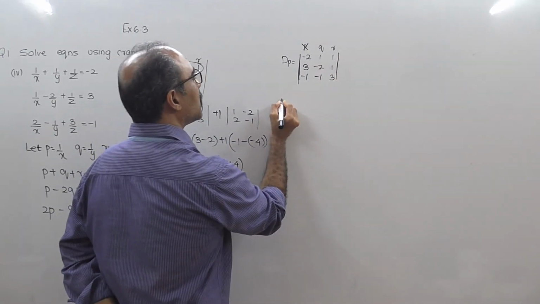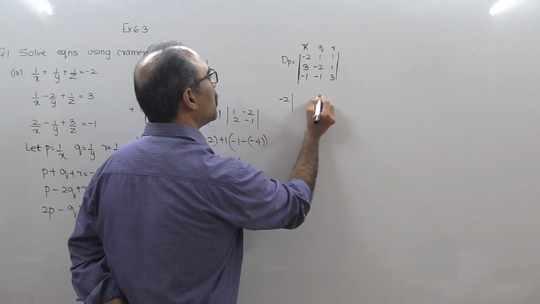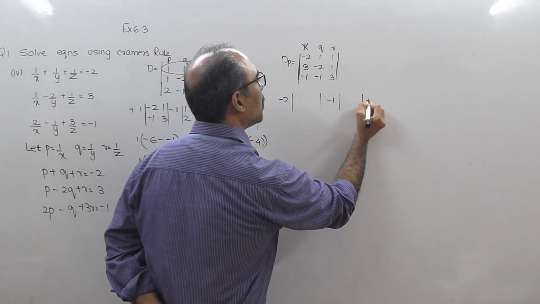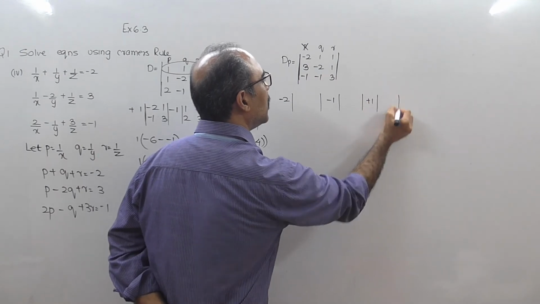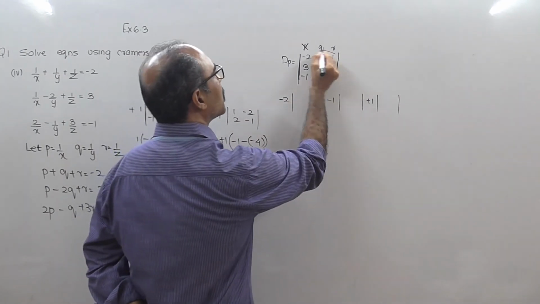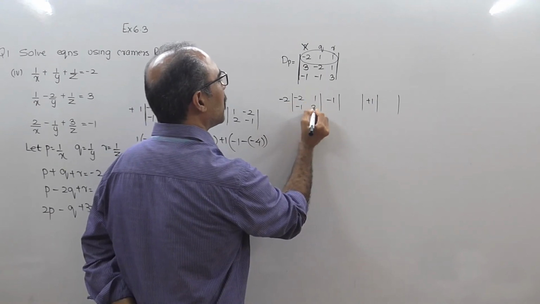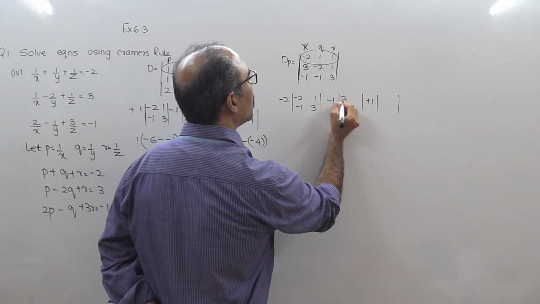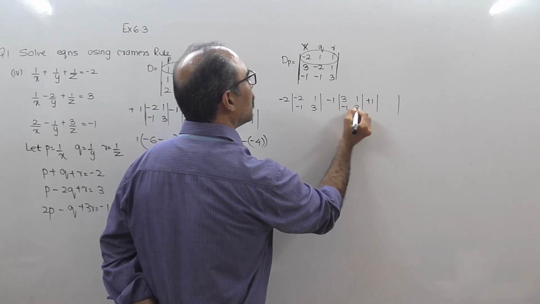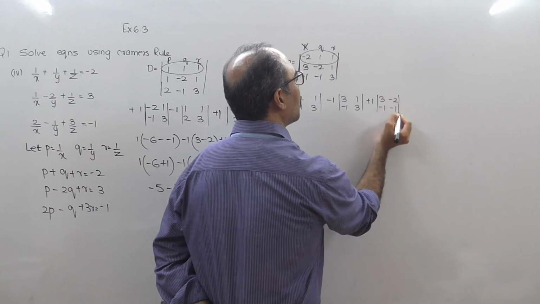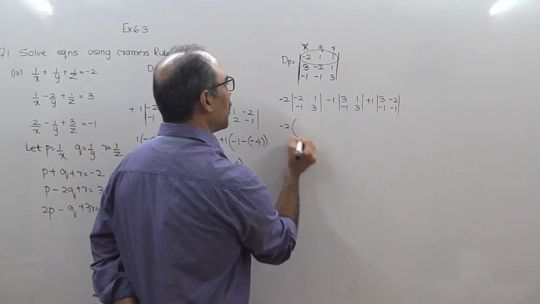Let's open this. This is minus 2 determinant, minus 1 determinant, plus 1 determinant. Okay. So if we circle this, it will be minus 2, 1, minus 1, 3, 3, 1, minus 1, 3. 1 means I think it is 3, minus 2, minus 1, minus 1. So this became minus 2.